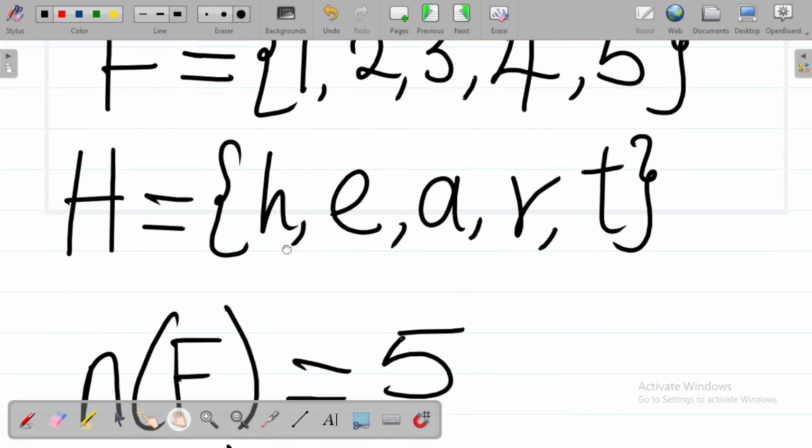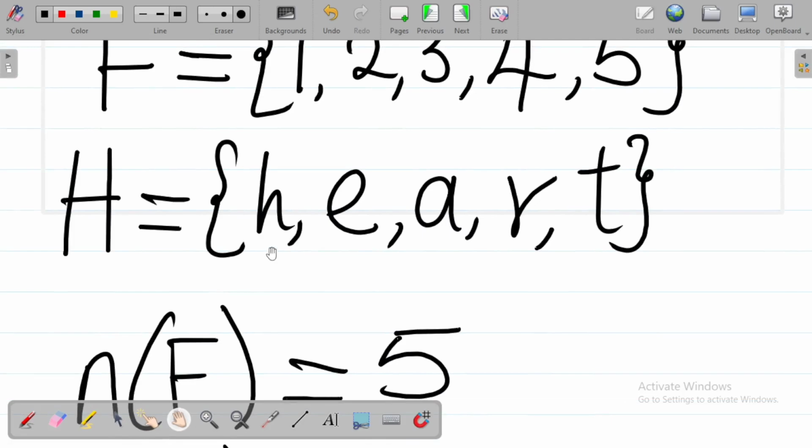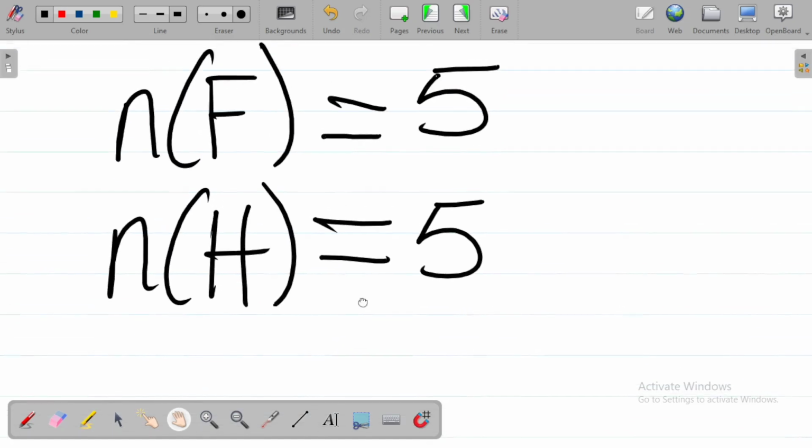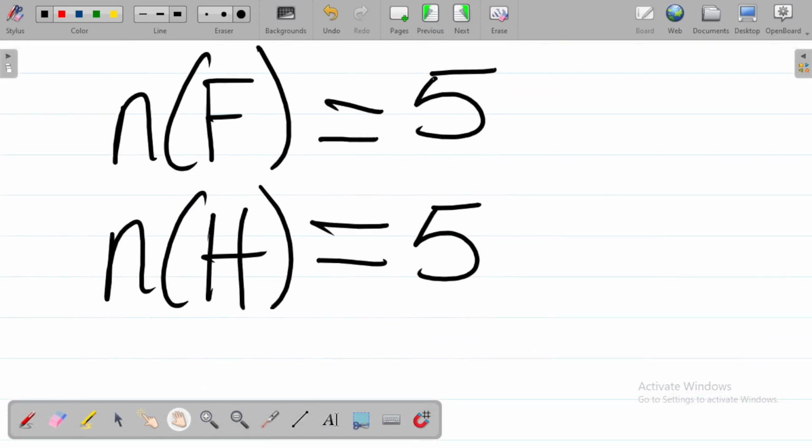Why? Because it has 5 different elements. Let's count: 1, 2, 3, 4, and 5. So therefore, since set F and set H have equal cardinalities, they are equivalent.